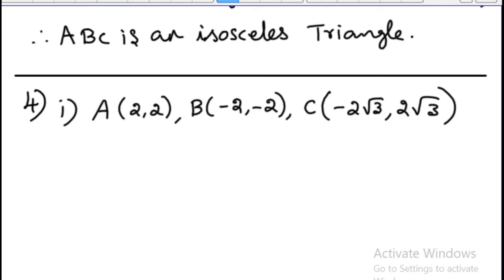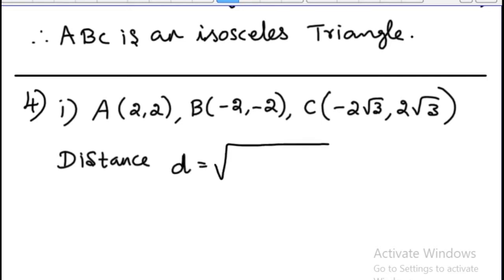So we want to find the distance. Distance formula is distance D is equal to square root of x2 minus x1 whole square plus y2 minus y1 whole square.